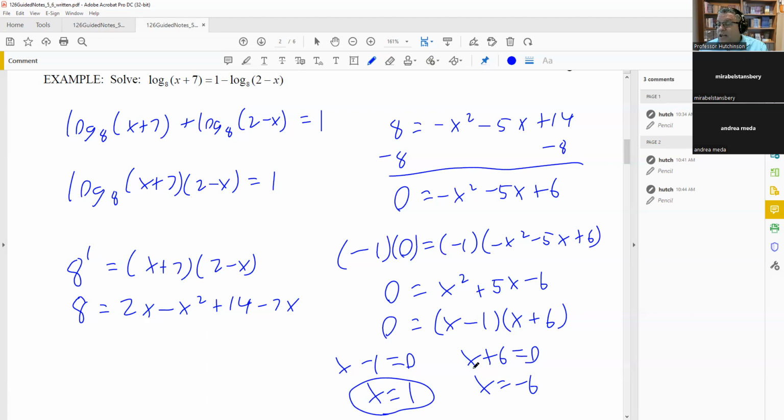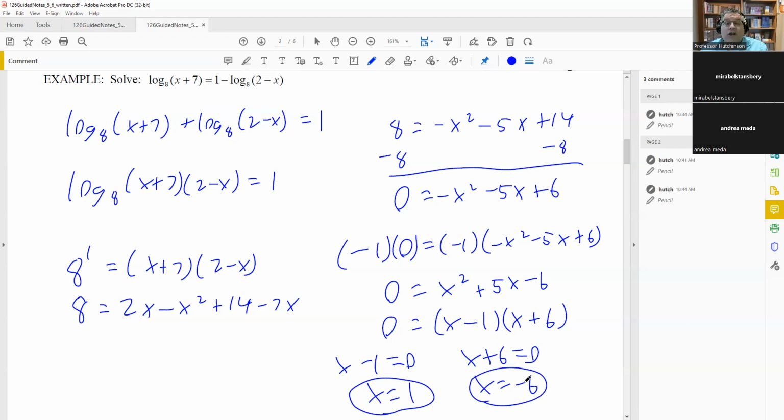Just because we have a negative number doesn't necessarily mean that automatically it's not included. Okay, if I put -6 into this expression, I get -6 plus 7, that's positive. But then 2 minus -6 is also positive. So this is a case where actually both answers do work. So in this case, I have two answers here, both 1 and -6.